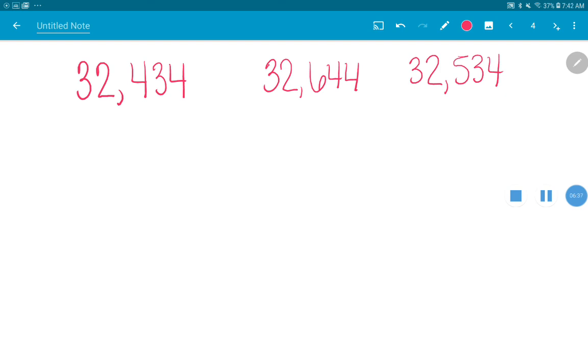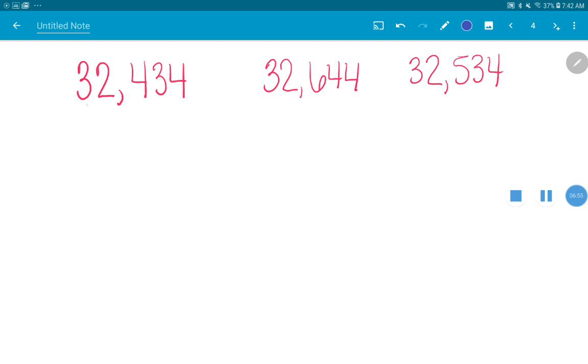I want you to write these numbers in order from greatest to least. So I need to start with the greatest and work down to the least, or biggest to smallest.